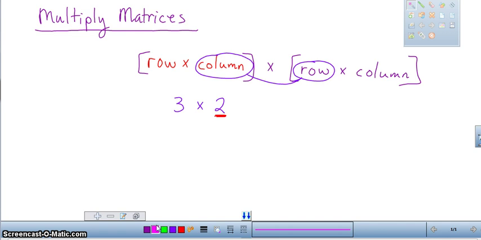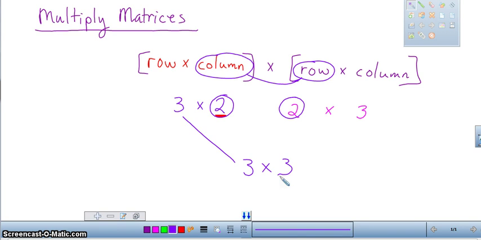The second matrix I use has to be a 2 by something. I'm going to make it a 2 by 3. Because the column in the first one and the row in the second match, we can multiply.